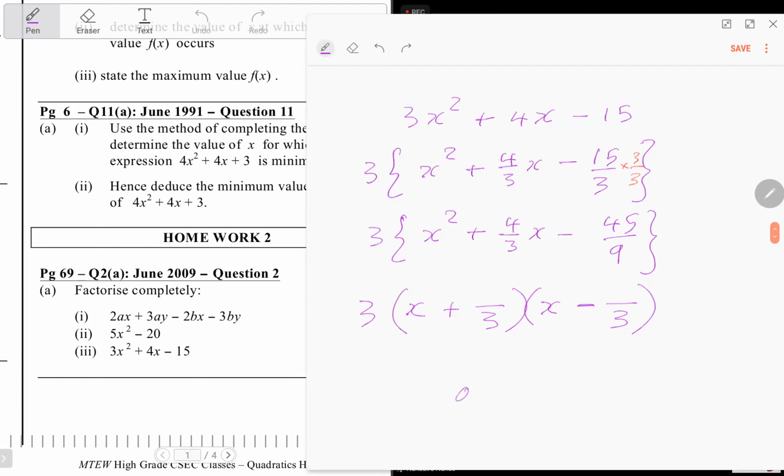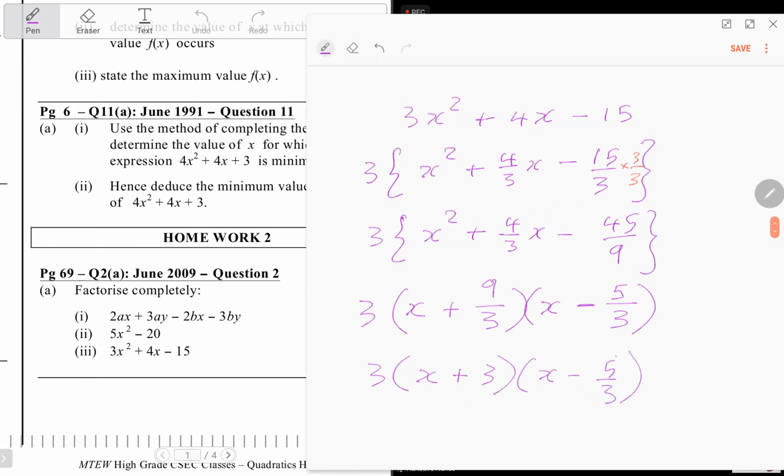That's clearly 9 and 5. Factors of 45 where the difference is 4: 9 and 5. Put the larger one here, with the plus, and the smaller one there. And then now you simplify. 3 bracket x plus 9 over 3, this becomes 3. This remains x minus 5 over 3.